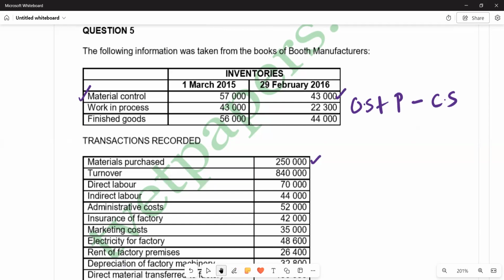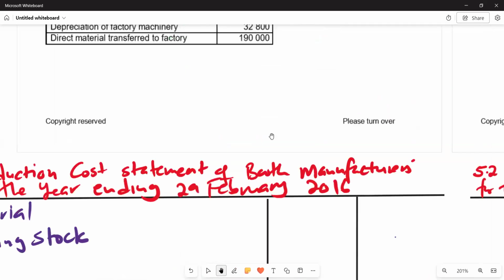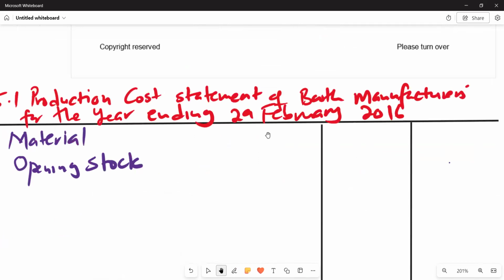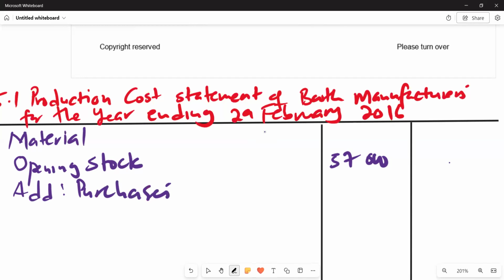So we are just going to input those figures as they are. We are saying opening stock 57,000, and then we add our purchases, 250,000.